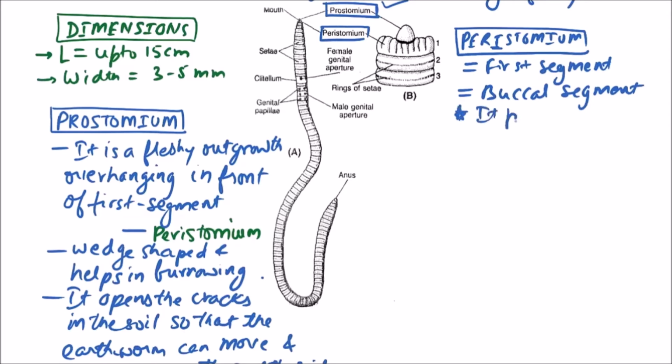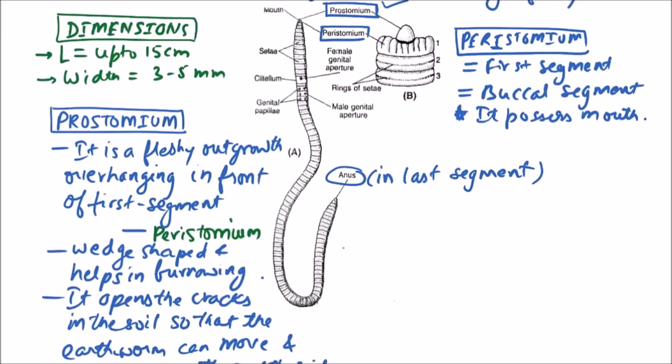It possesses mouth. Now, anus is also there in the last segment. Earthworm represents a tube within tube plan, and mouth is in the first segment, that is peristomium, and anus is in the last segment.